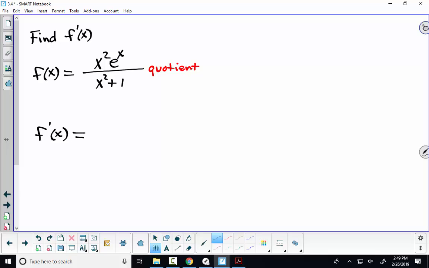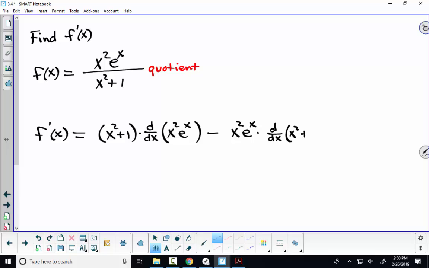Okay, so we take the bottom times the derivative of the top, minus the top times the derivative of the bottom. And then we divide by the bottom squared.